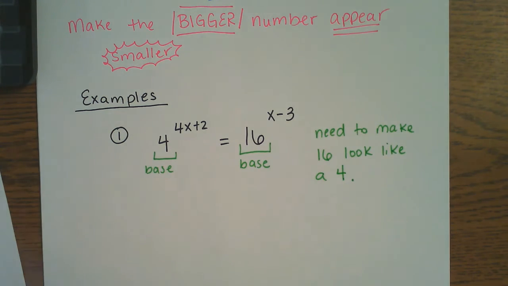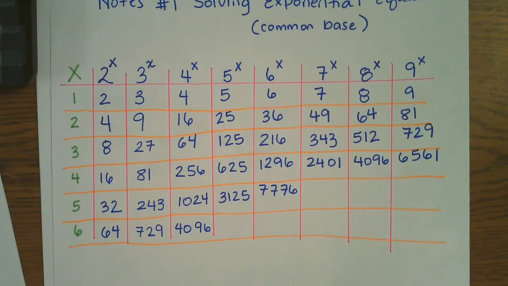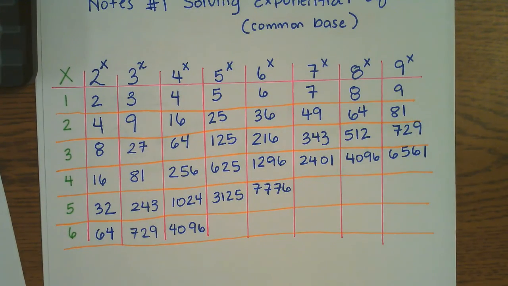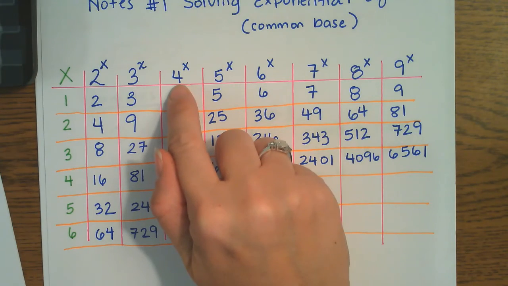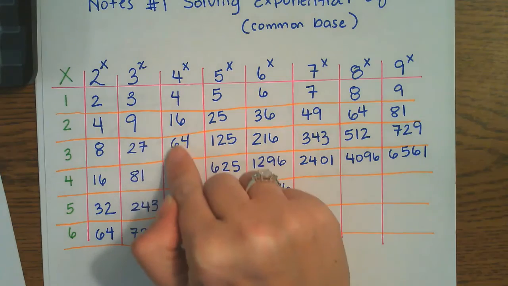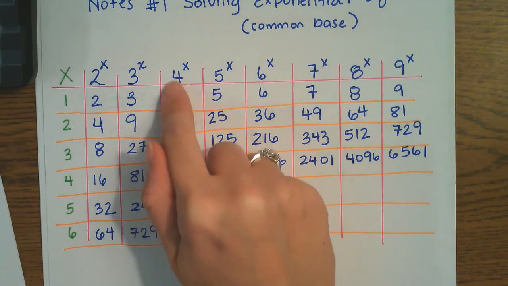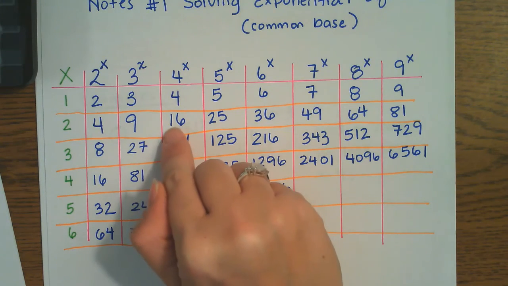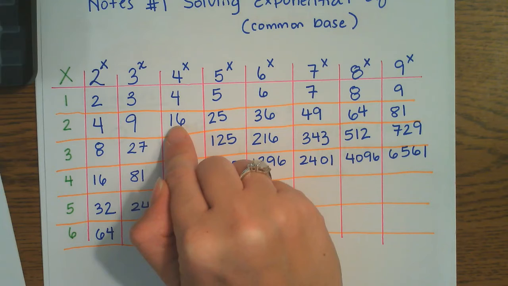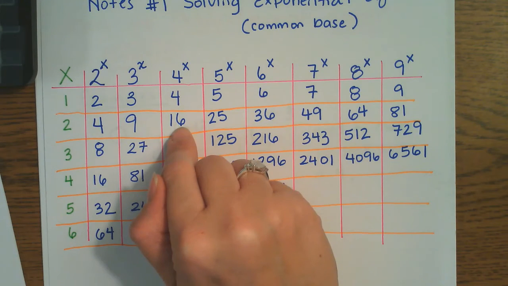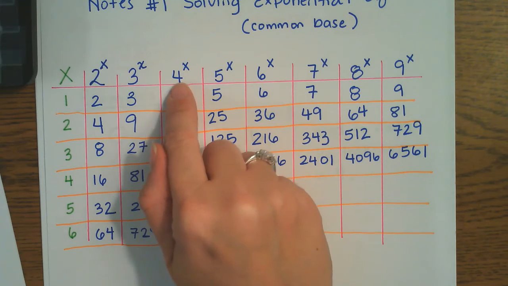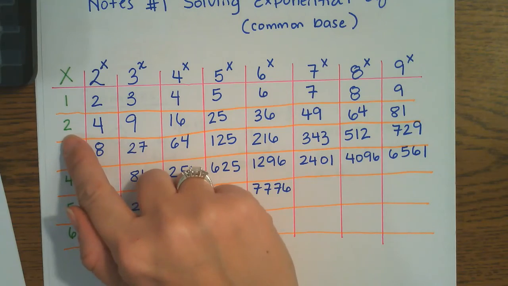So that's when I refer to my chart. Since I need to make 16 look like a 4, I want to find 16 in that 4 column. I see 16 right here, and I can rewrite 16 as 4 to the second power.